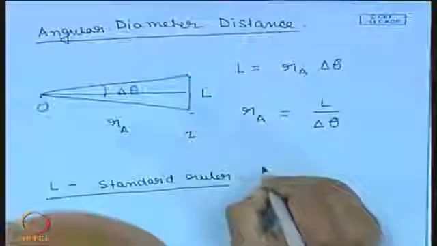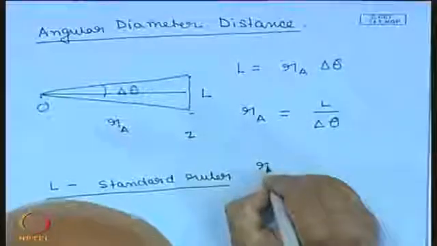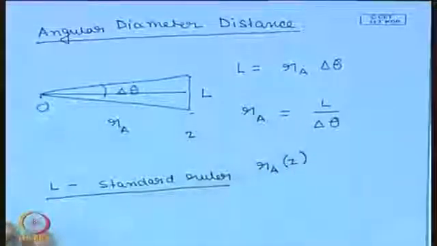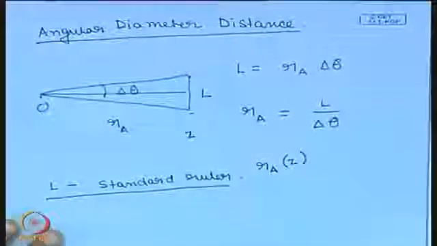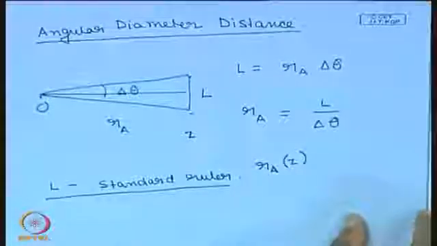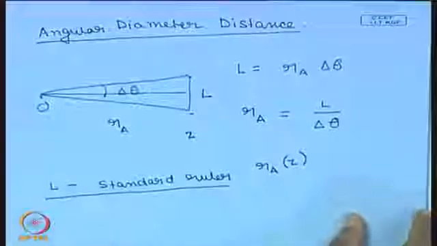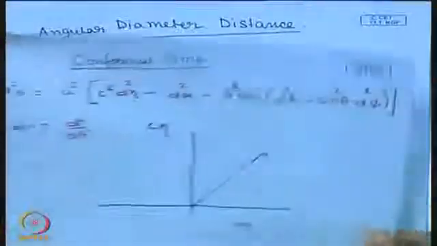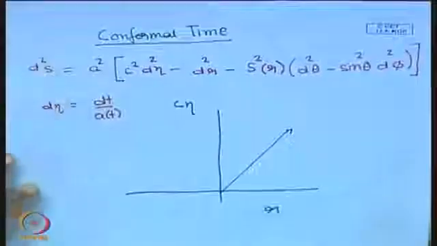Let us calculate the angular diameter distance as a function of z. What is the predicted angular diameter distance as a function of z? To do that, let us go back to our line element. This is our line element.